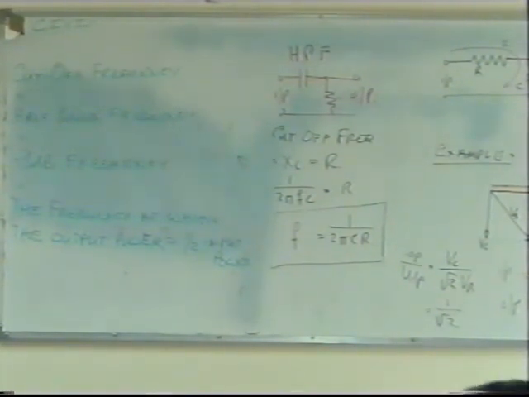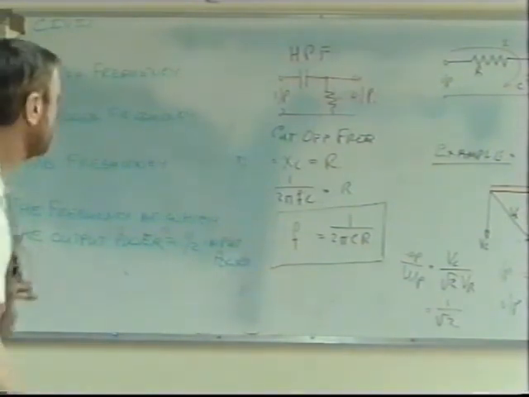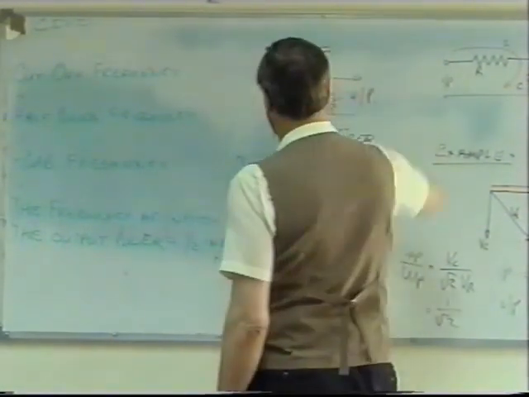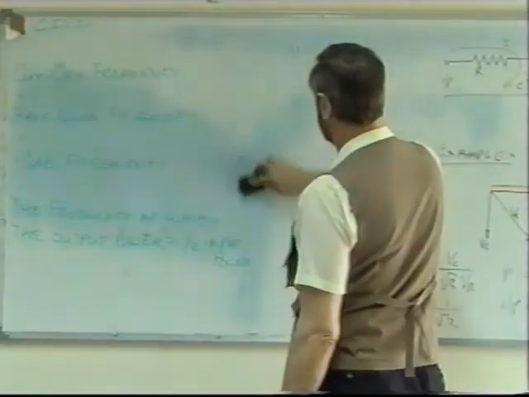It doesn't matter whether it's high-pass or low-pass, you can still talk about the 3 dB frequency, always minus 3 dB. The only difference between high-pass and low-pass is, let me give you some examples of this.